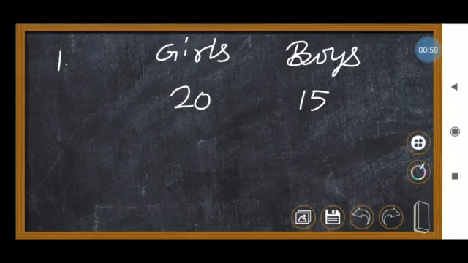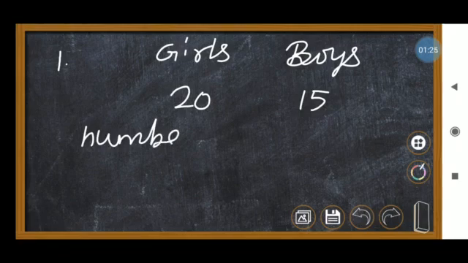So the ratio of number of girls to number of boys. As you know, how to denote the ratio: ratio is denoted by "is to", with this kind of symbol, so remember that. The question is the ratio of number of girls to number of boys.